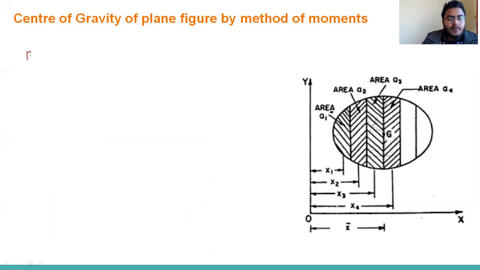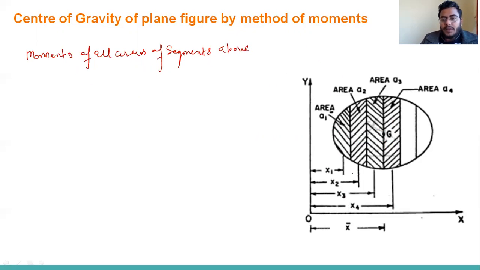So the moments of all the area segments about the x-axis. Now we have to calculate y bar. So we have to take the moment about OX, or the x-axis, we can write.